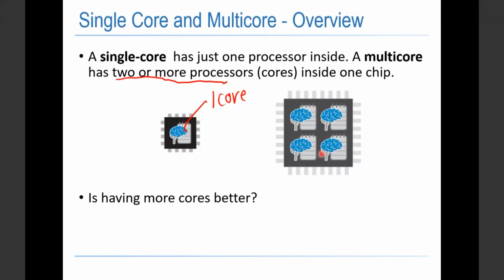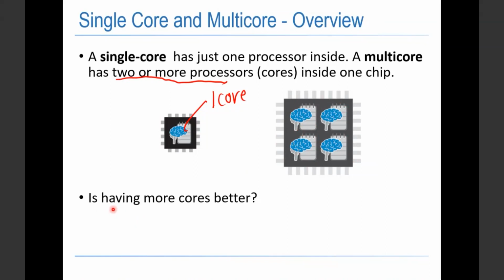This one we call a quad-core processor. So this is multi-core. If you have two processors, we call that dual processors. And now we have the octa-core processor, and sometimes we have more than 8, 12 processors, 16 processors, etc. inside one single chip.